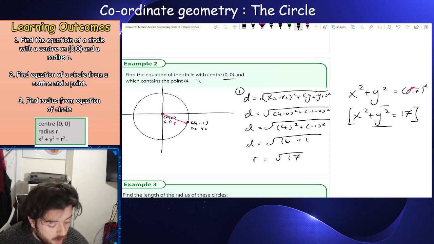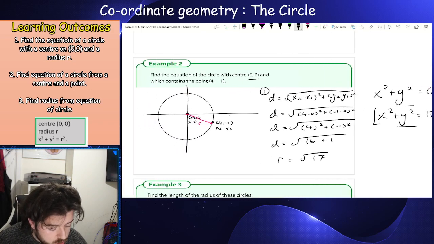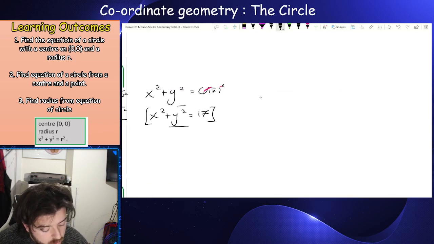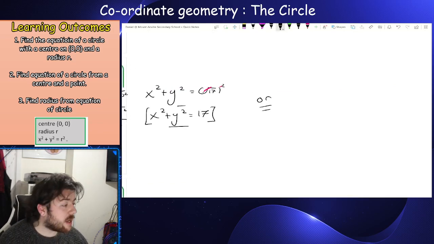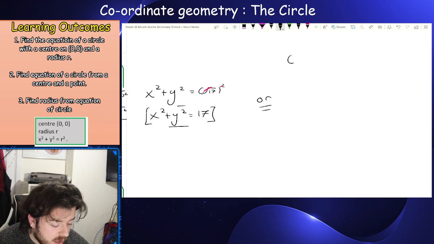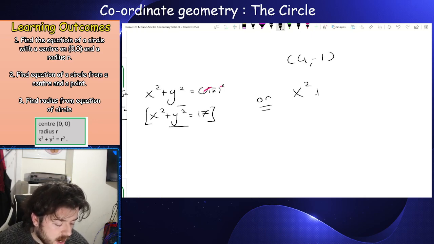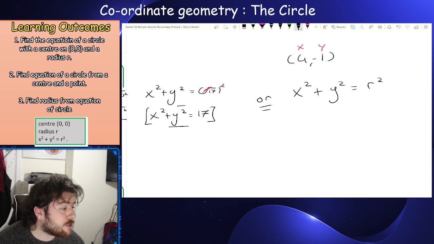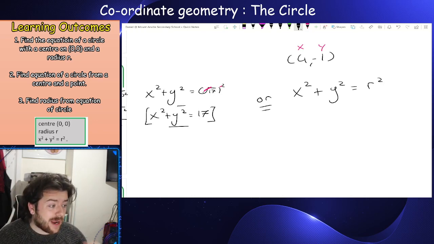Now, another way I could do it is to use my equation of a circle. I have the point (4, -1). I know x squared plus y squared is equal to r squared. So if this is my x value and this is my y value, if I sub them into my formula, I should get my radius squared.